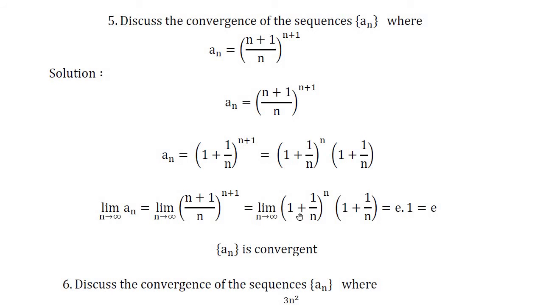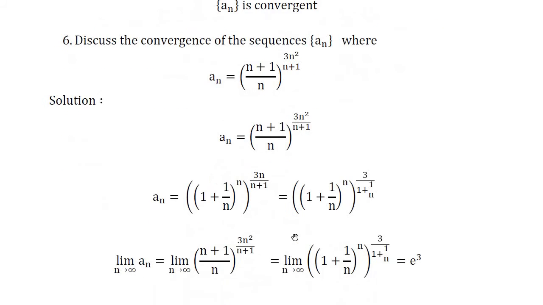We get limit of (1 plus 1 by n) whole power n into (1 plus 1 by n) as n tends to infinity. (1 plus 1 by n) whole power n as n tends to infinity is e, into 1 plus 1 by infinity is 0, that is 1 plus 0 is 1. If you multiply, we get e. Hence the sequence an is convergent.